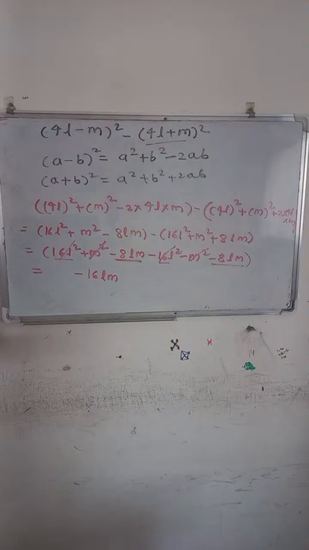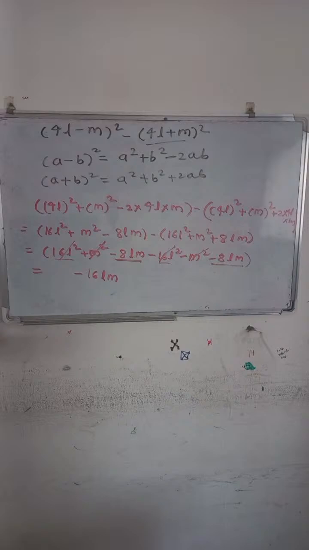Understood how I applied the identity and how I calculated the answer? Okay, are you getting this? Are you able to understand this question? Any doubts? How to apply and how I use the identity, are you getting it?